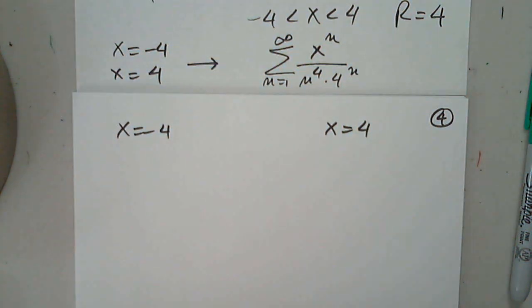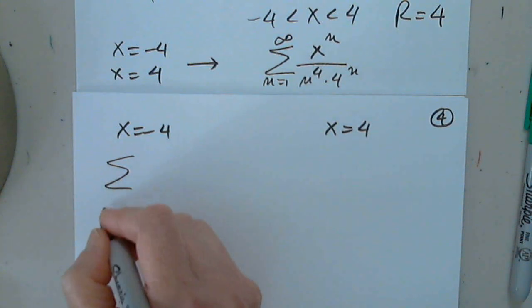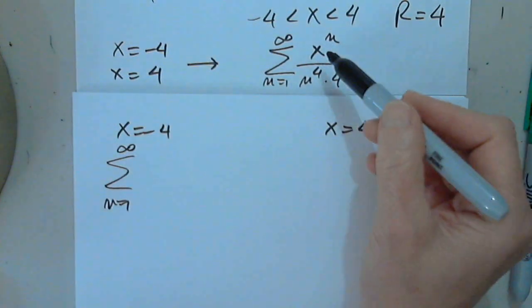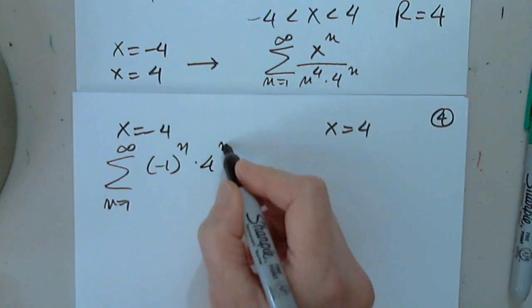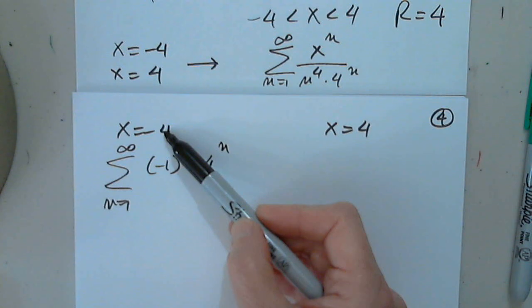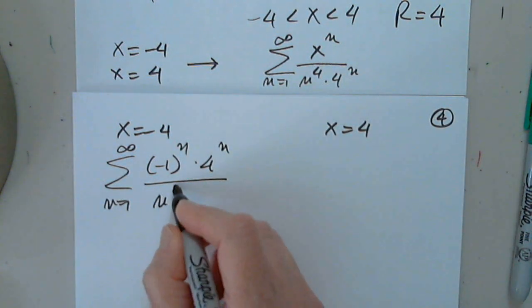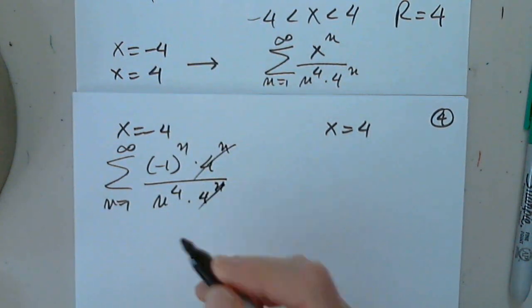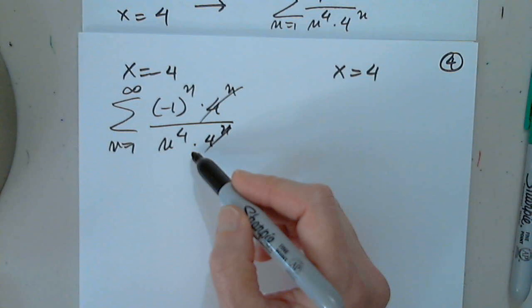Okay, so when we replace x by -4, we get -1 to the nth power and also 4 to the nth power. I split x into -1 and 4. So -1 to the nth, 4 to the nth, over n to the 4th, 4 to the nth. These two go away. This is an alternating series. We've seen this before.